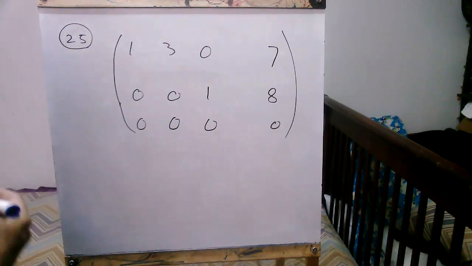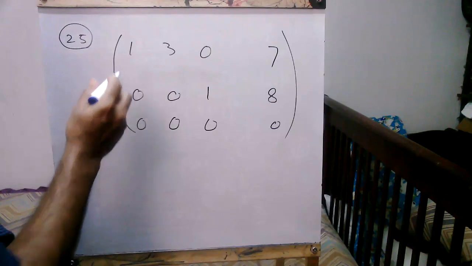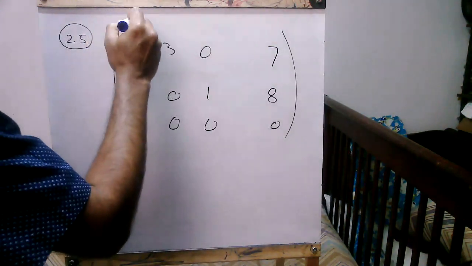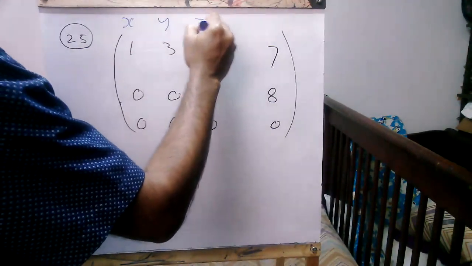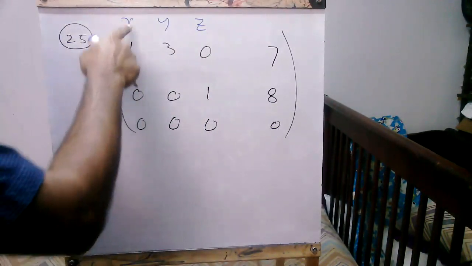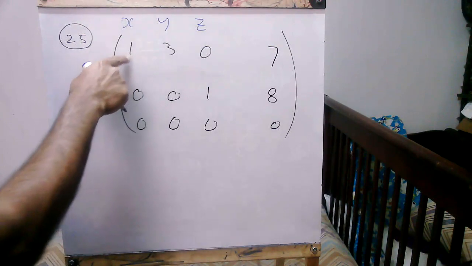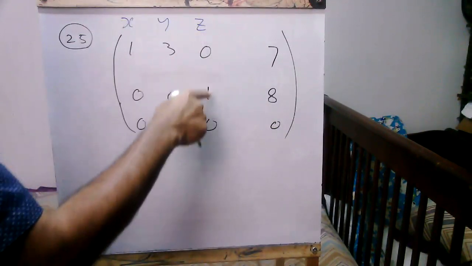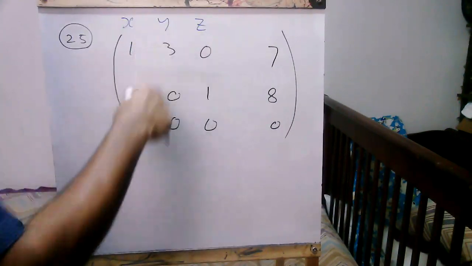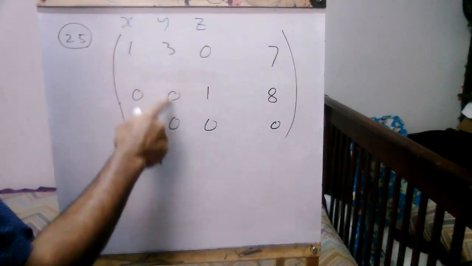Now we know these columns are x, y, z, right? So we have coefficient 1 for x. This is z. Y is missing.